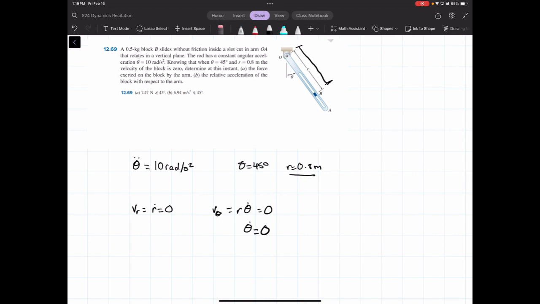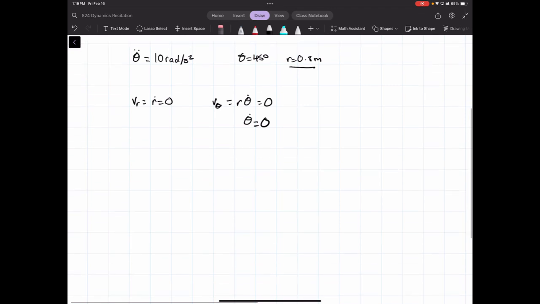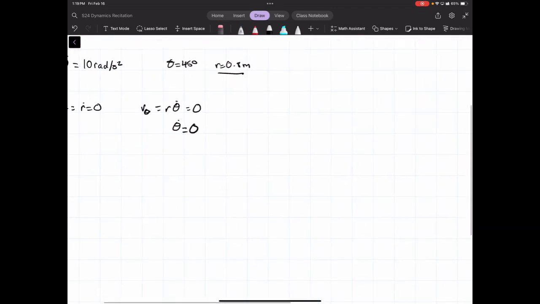So let's start by drawing a free body diagram. So we're going to draw a free body diagram of just the block. And we know that the block is at a 45-degree angle.